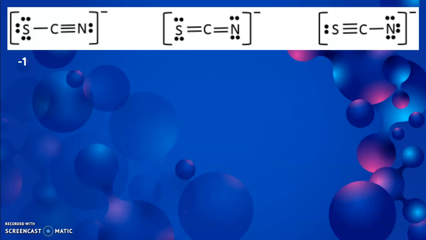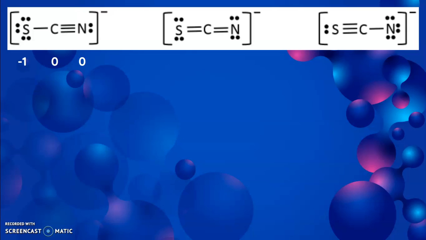Sulfur has 6 valence electrons, but here is touching 7, so its formal charge is -1. The carbon in the center has 4 valence electrons and is touching 4, so its charge would be 0. And the nitrogen has 5 valence electrons and is touching 5, so its charge would also be 0.